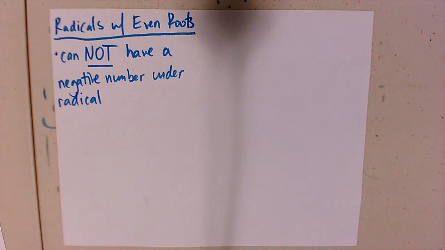Okay, if you have an even root, you can't have a negative under the radical. So that affects how we find our domain.